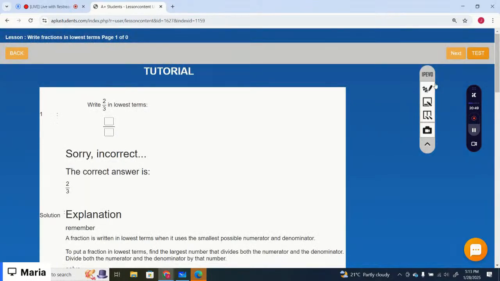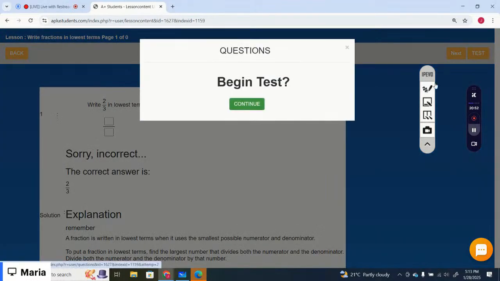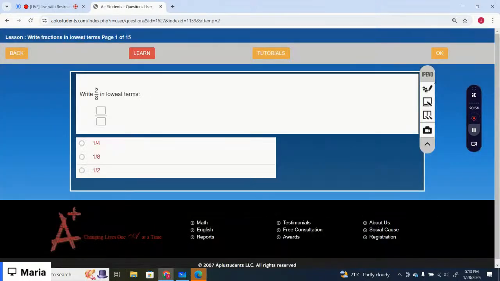Let's start with the test questions. Is 2 by 8 in lowest term? Find the greatest number that can divide both numerator and denominator.